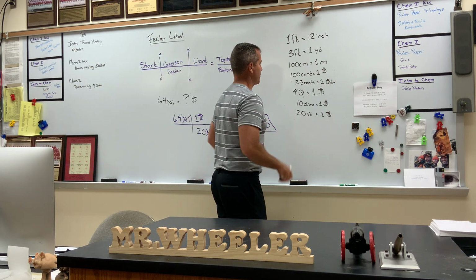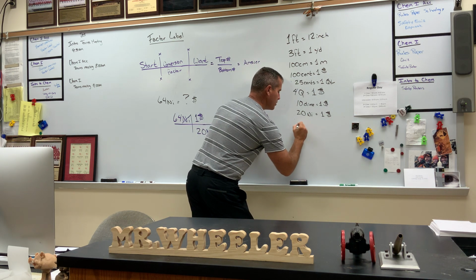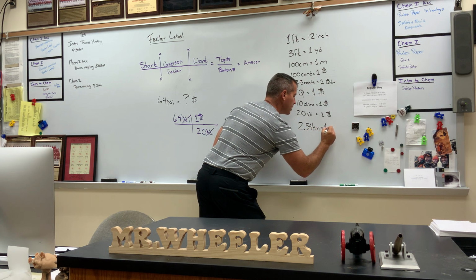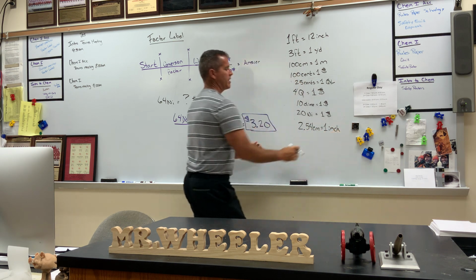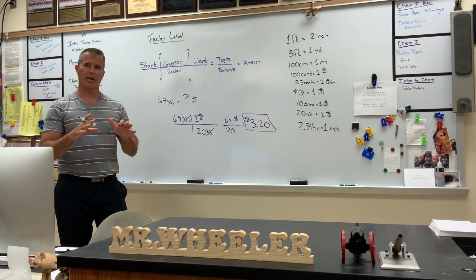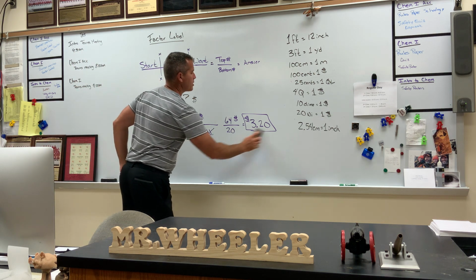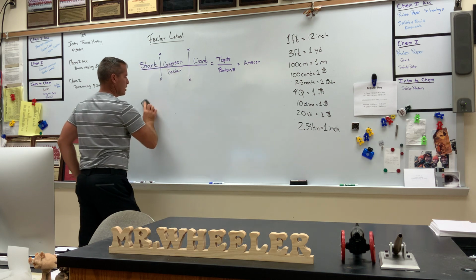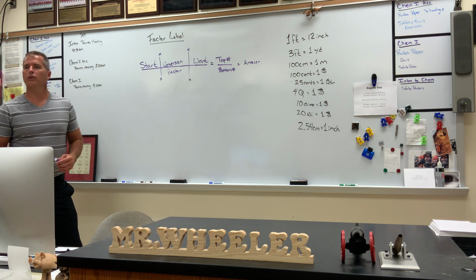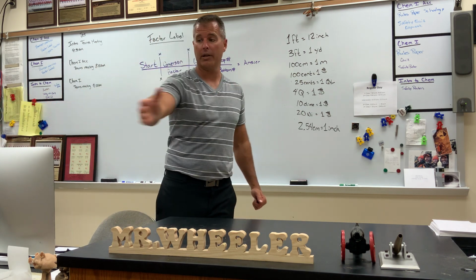I'm going to give you another conversion up here that we're going to use. 2.54 centimeters equals 1 inch. Standard to metric. And that's the only conversion we're going to have from standard to metric. Okay? So I want you to try this one for me. Let's say we get a measurement. And we're measuring, let's say, the length of this desk table right here.